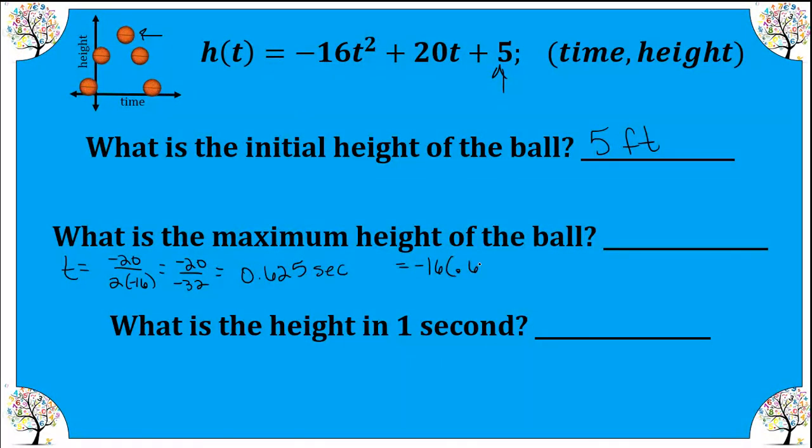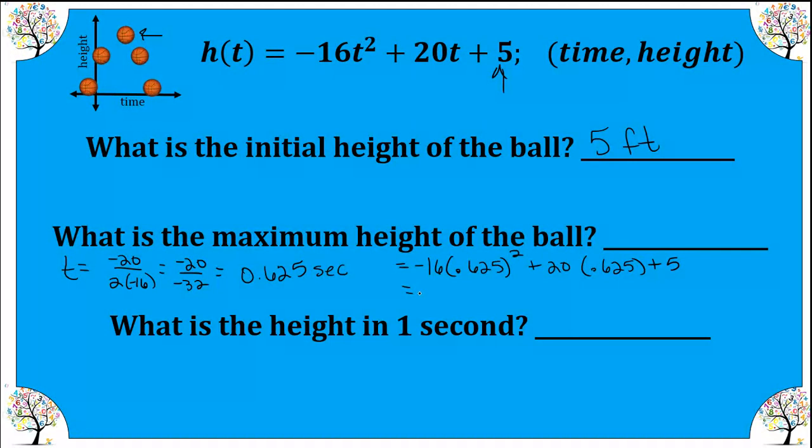So negative 16 times 0.625 squared plus 20 times 0.625 plus 5. So let's calculate this out. So we have 0.625 and we're going to square it. And then we're going to multiply it by negative 16. And then we are going to add 20 times 0.625 and then plus 5 as well.